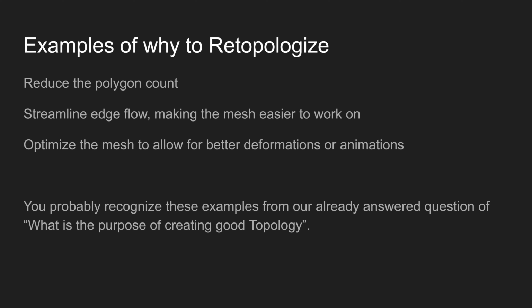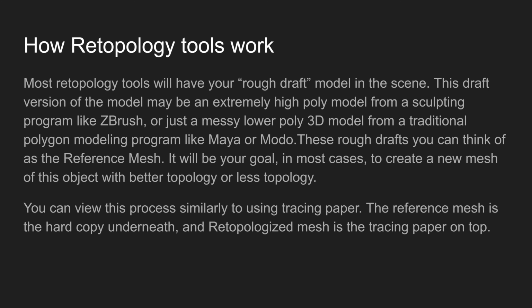You probably recognize these examples from our already answered question of what is the purpose of creating good topology. So the next question we want to ask is, how do retopology tools work? This is going to be a broad answer because we're not going into the specifics of a tool set. Most retopology tools will have your rough draft model in the scene. This draft version of the model may be an extremely high poly model from a sculpting program such as ZBrush, or it might just be a messy lower poly 3D model from a traditional polygon modeling program like Maya or Modo, for example.